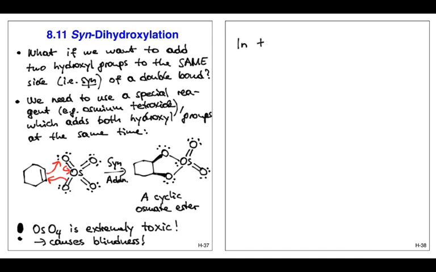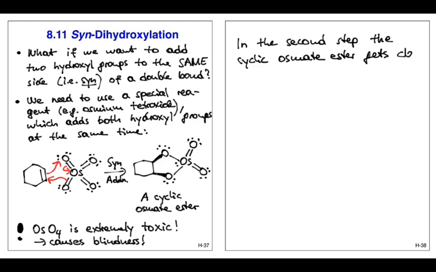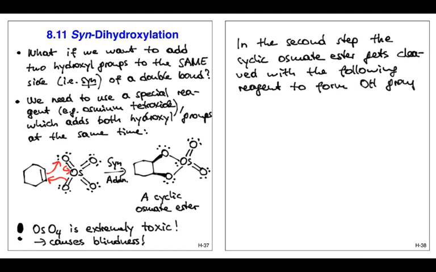So now here's the second step. To get rid of the osmium, you react the cyclic osmate ester, you cleave it, with a special reagent which is called sodium sulfite. It's not sodium sulfide, it's sodium sulfite. And that forms two OH groups.